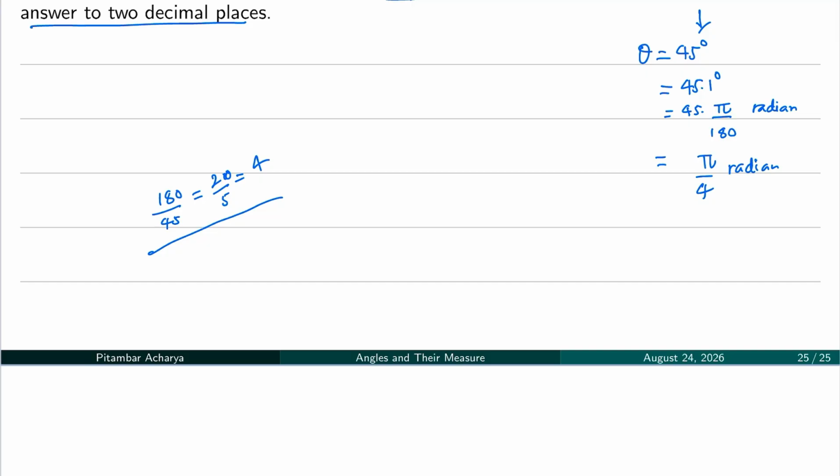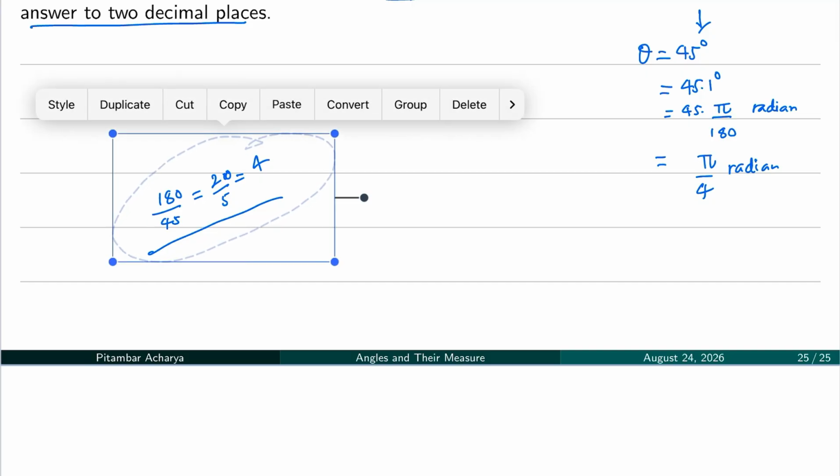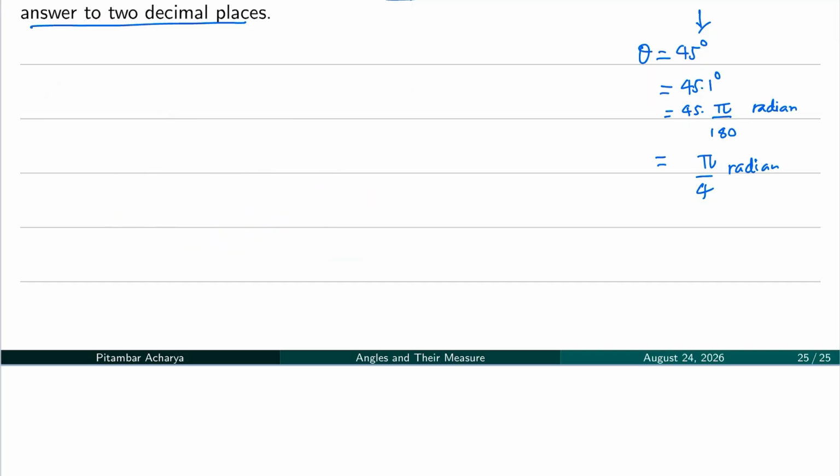So what should be the area? Area is 1 over 2 r squared theta. So 1 over 2 times 3 squared times theta, which here is pi over 4 radian. This will be 9 pi over 8.